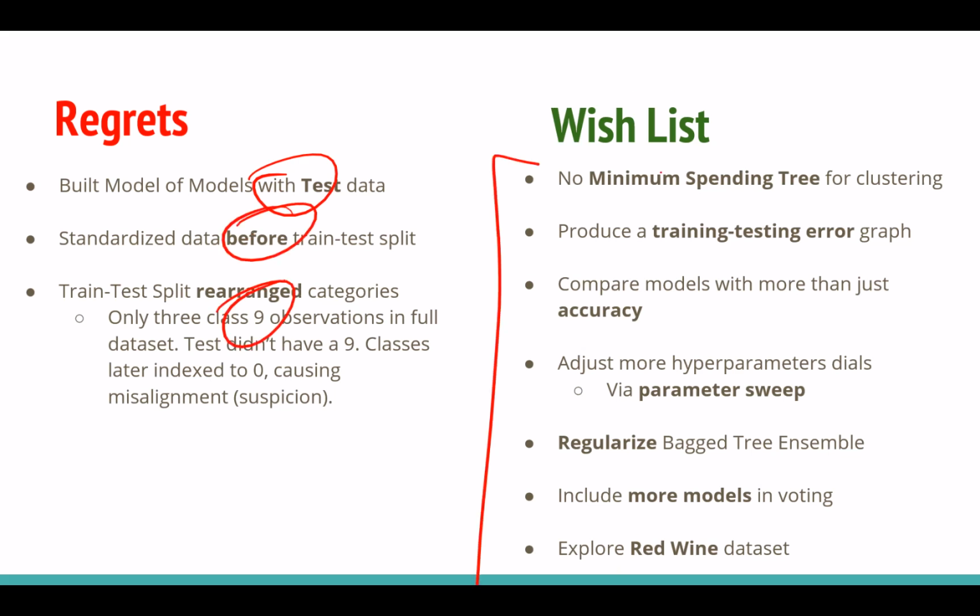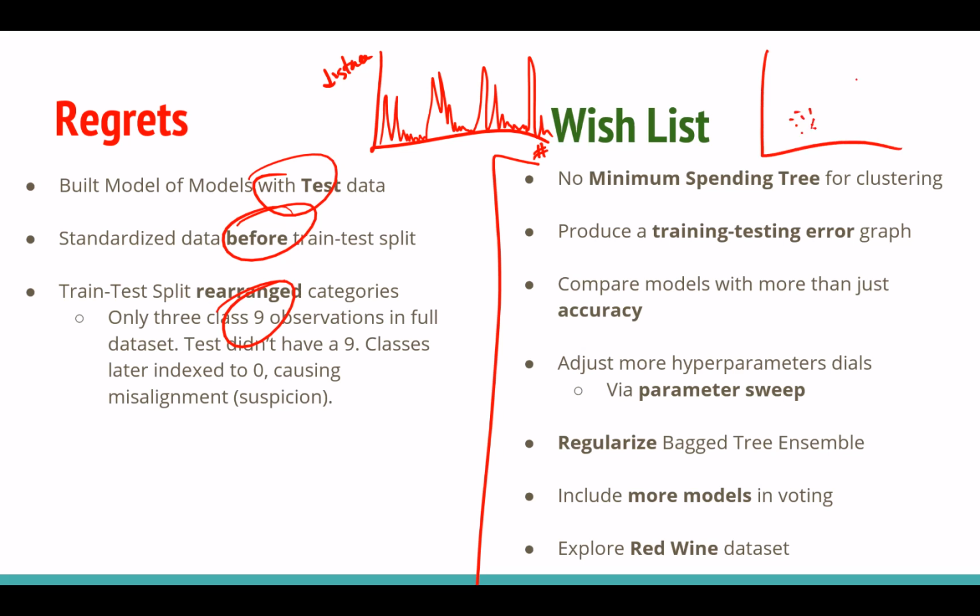So really the wish list: I didn't do the minimum spanning tree. The minimum spanning tree shows the distance regarding the clusters, and this is the observation number. You can see when you have a cluster diagram, the distance from point 1 to point 2, 3, 4, 5, 6 is quite small.